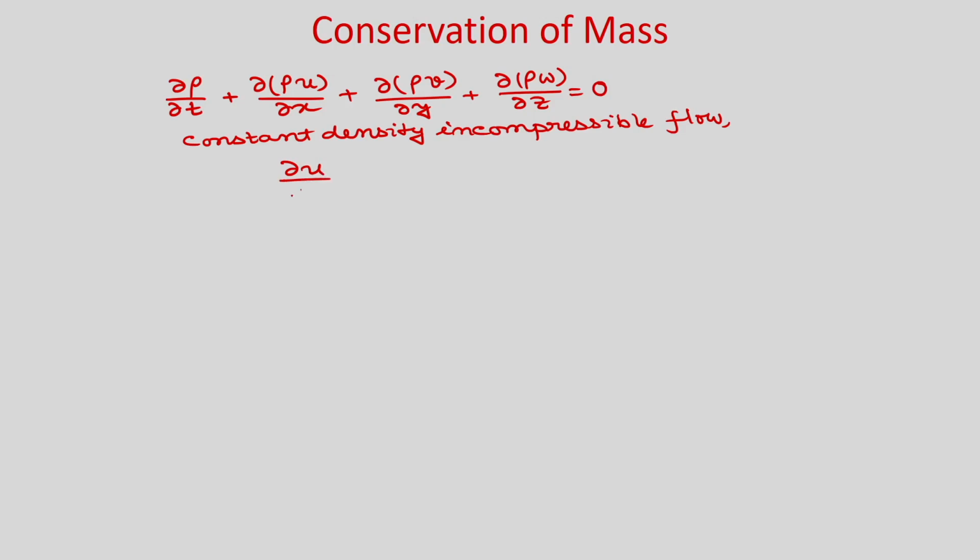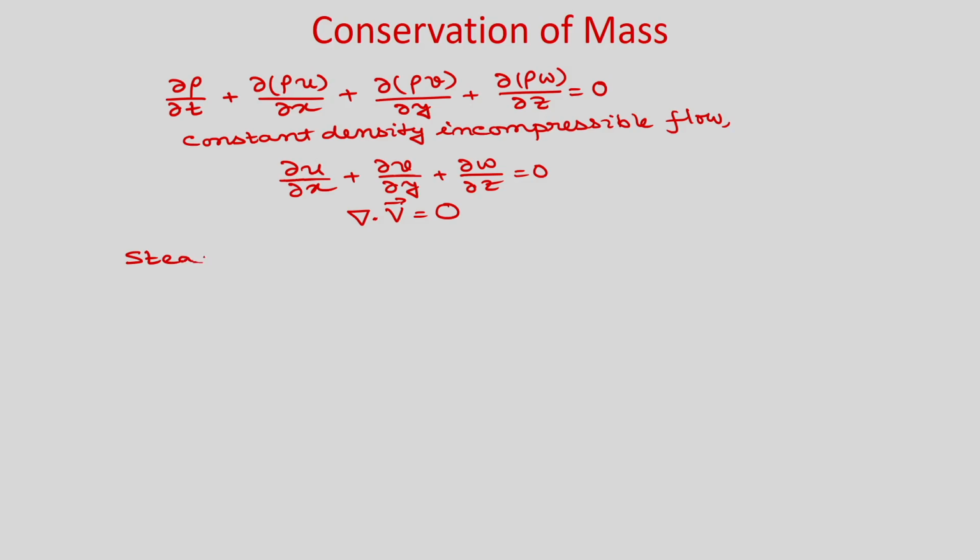So, you can write del u by del x plus del v by del y plus del w by del z is equal to 0. So, from the continuity equation for a constant density incompressible flow, we have divergence of V is equal to 0. So, what does it mean? That means the volumetric strain rate will be 0 in case of constant density incompressible flow.